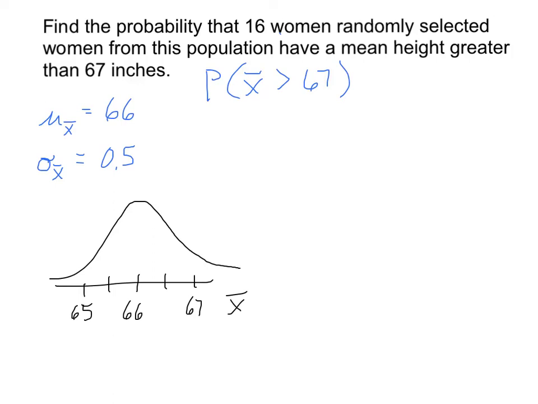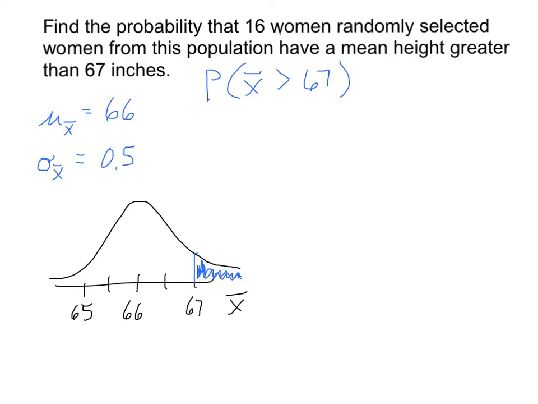Now the chance that the means are greater than 67 is going to be this area here, which is a lot smaller than in the previous problem. It makes sense that the chance of 16 people having a mean height greater than 67 is smaller than just one person being taller than 67 inches.